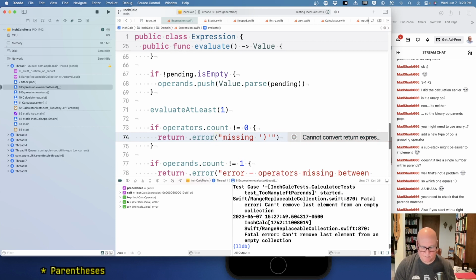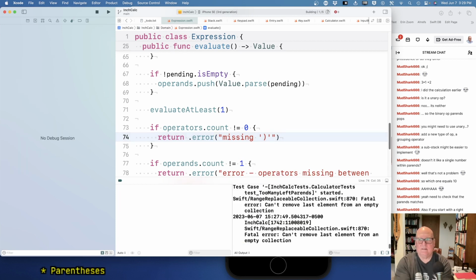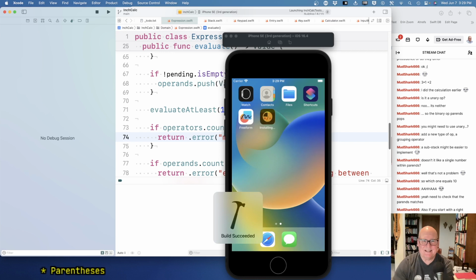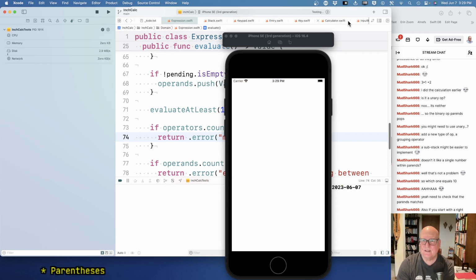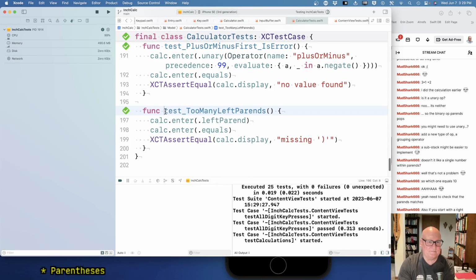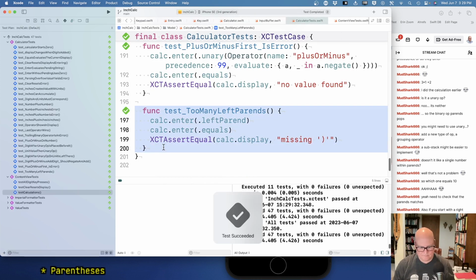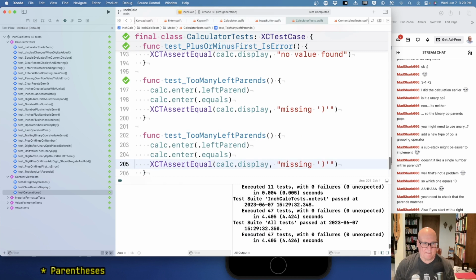I'm not sure I'm catching all my variations here. And I was just going to type the test in and not do this, but let's catch that other test while we're talking about it. Too many right parens.